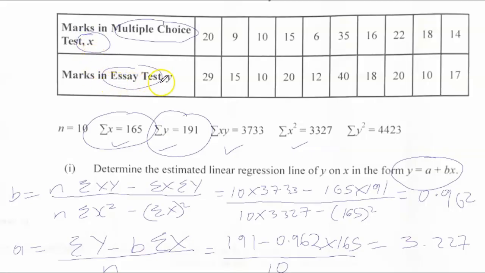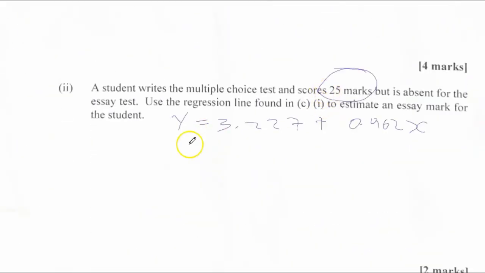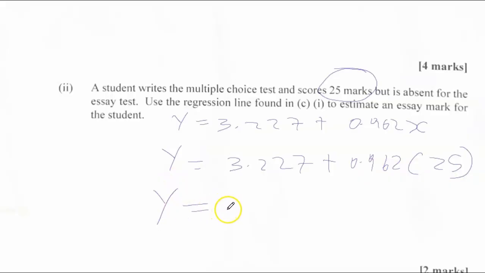To get the value of the essay test score, you substitute the x value, and x is 25, and that's exactly why we use this line to make estimates. So 0.962 times 25. Put that in your calculator, and we get 27.78 approximately.